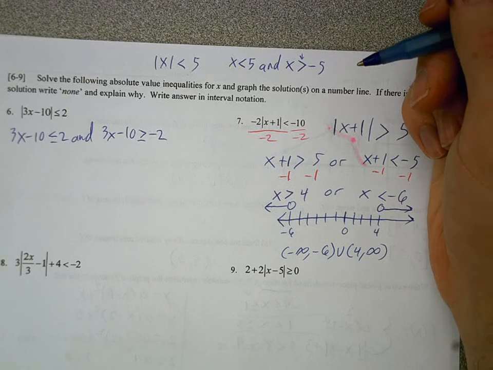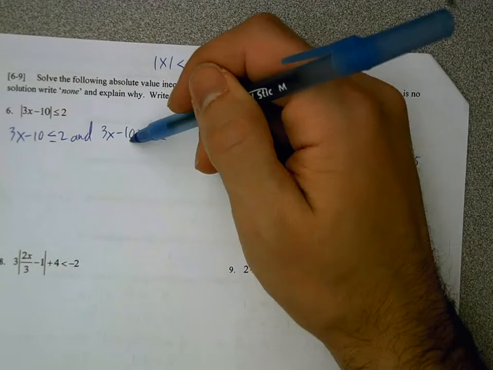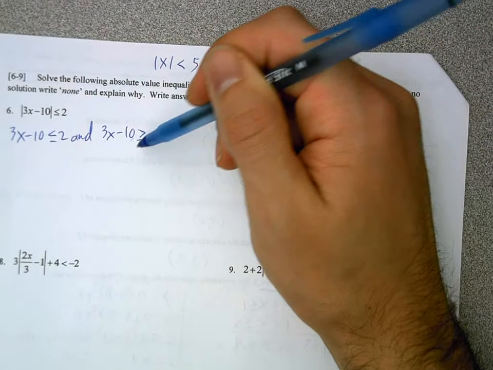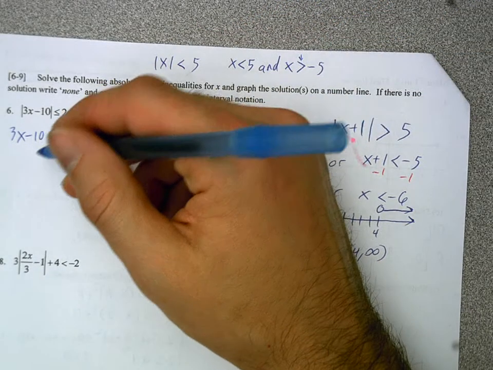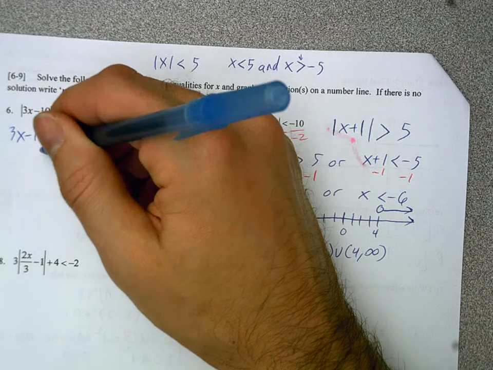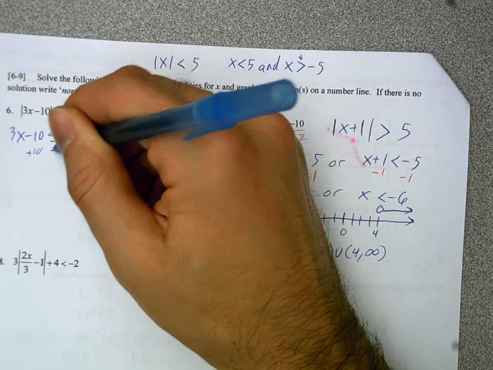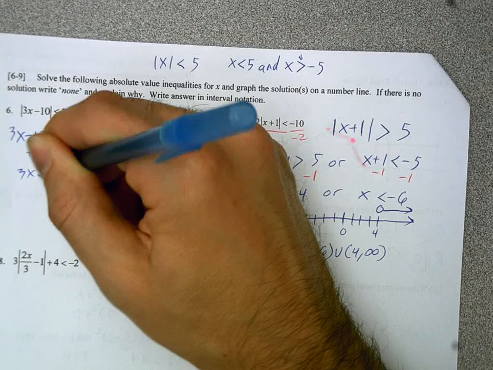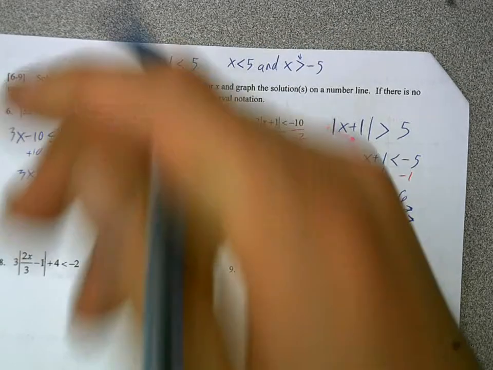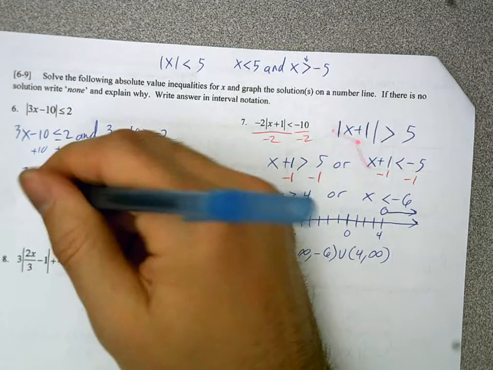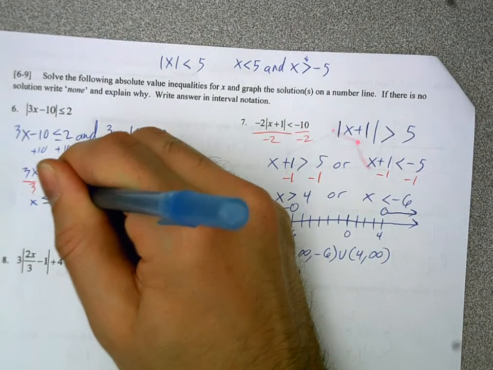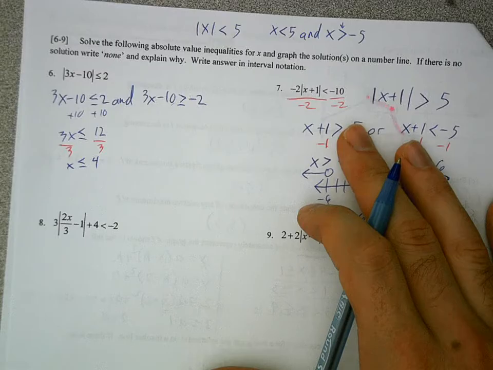So here, we've got 2, one with a less than, one with a greater than. You always have one of each. Then we can solve these. One of them works out really nicely. If I add 10 to both sides, 3x less than or equal to 12, I can divide by 3. This one works out to be a nice x is less than or equal to 4. The other one, though, does not work out quite so nicely.